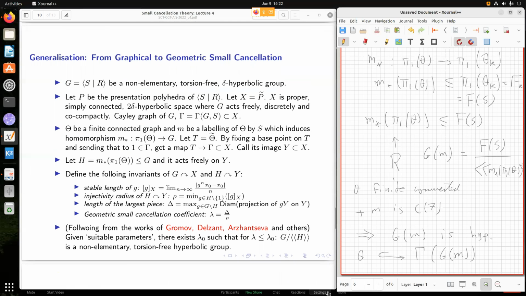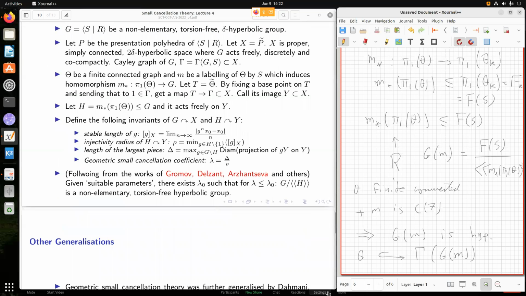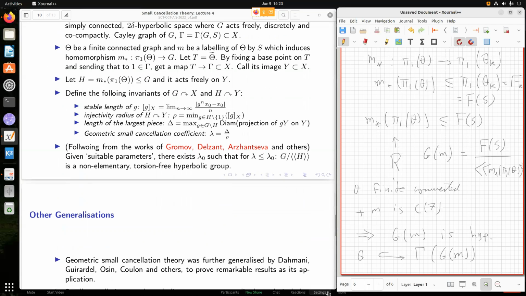G will be acting on that freely, discretely, co-compactly, and all those things. The Cayley graph of G is just contained in the one skeleton of that. So here X is the universal cover of that presentation polyhedron, and that is a 2 delta hyperbolic space where G is acting nicely. The Cayley graph is also in a way embedded there.